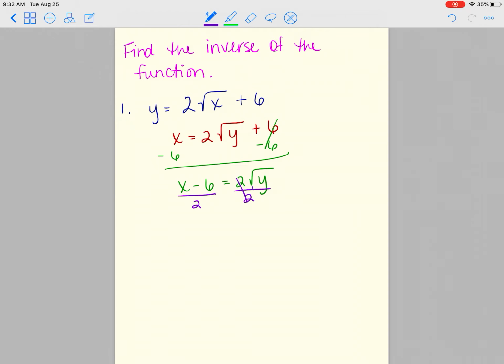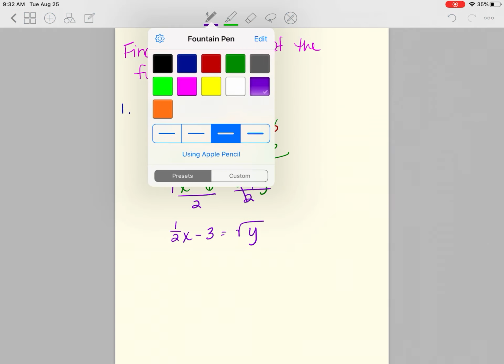So this thing's going to look like, remember there's a 1 in front of that x, and I can split this left-hand side up and get 1/2 x minus 6 divided by 2 is 3, equals the square root of y. Still don't totally have y all by itself.